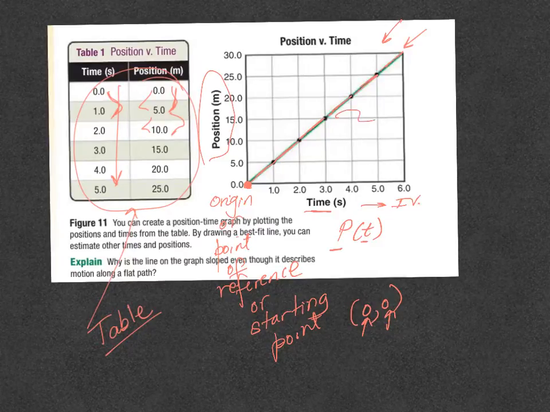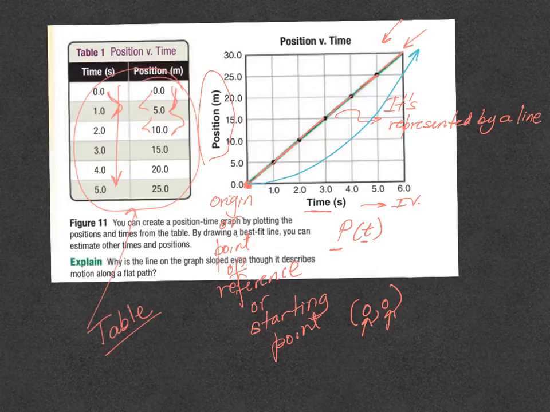How do you know that your object is moving at a constant rate? Because it is represented by a line. If you have, let me use another color, a curve over here in your graph, you don't have a constant rate, and then you'll see what you have to do when you have that situation.